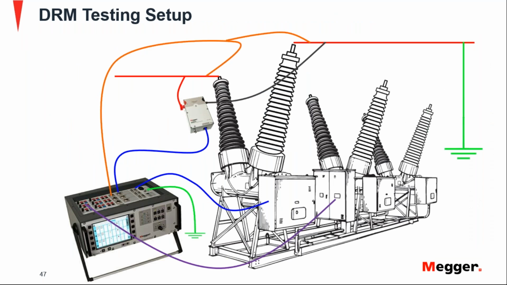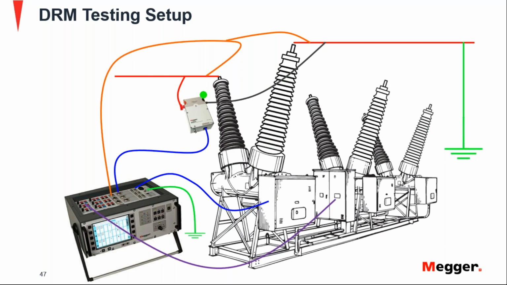And what do the connections entail? Well, you need to do the same connections as the timing. So you need the timing leads, and you need to do the motion, the travel measurement with a transducer. You of course need to control the breaker, and you need to add one accessory.